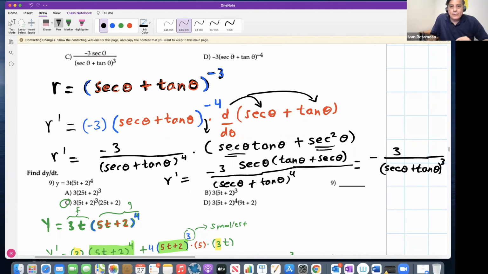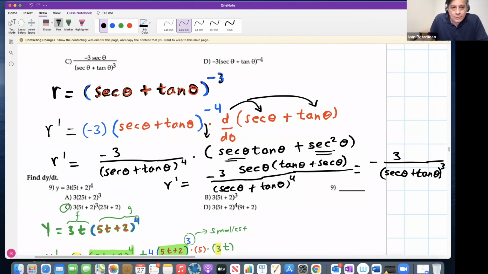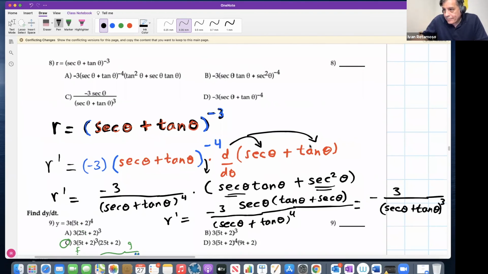And looking through the choices, for this number 8, you should find that this is just equal to, don't forget the secant there, right? The secant that is there, this guy. So looking through the choices is this guy, right? You follow, guys? Yeah.